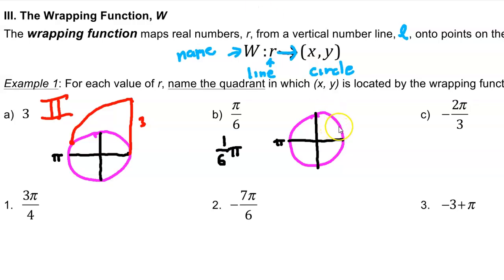And then you would say 1. Yeah, if you broke this into 6 parts, that means this would be 3 here and then 3 here. So this would be 1/6 right here. So that's pi over 6. That's in the first quadrant. So we have to have some number sense here with fractions and know where 1/6 is, and that'd be really close to 0.